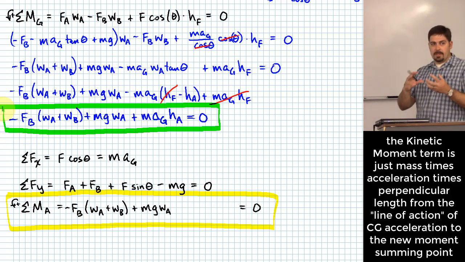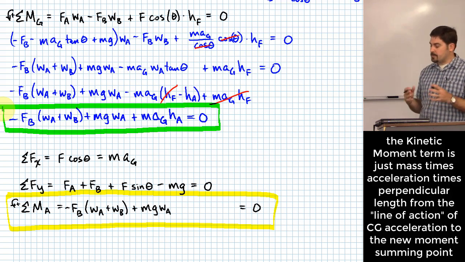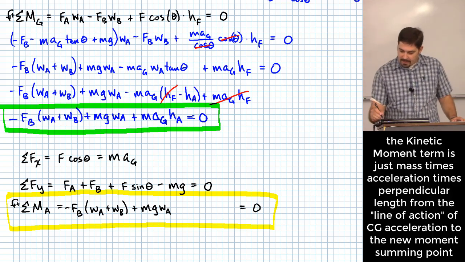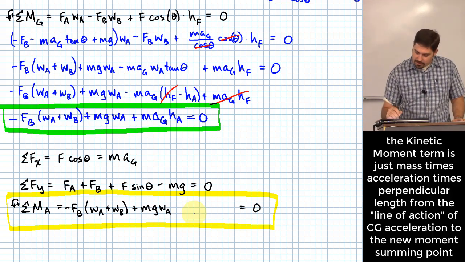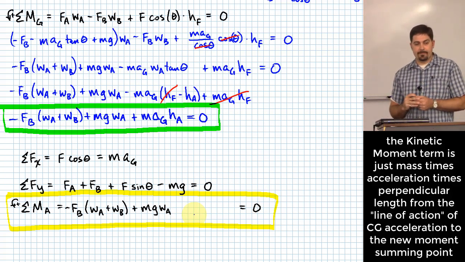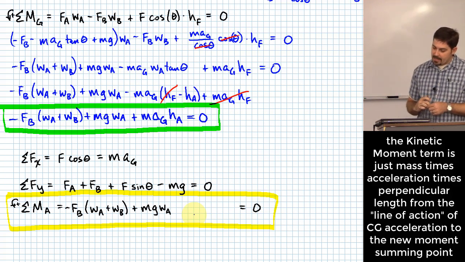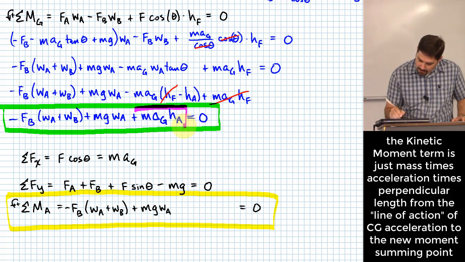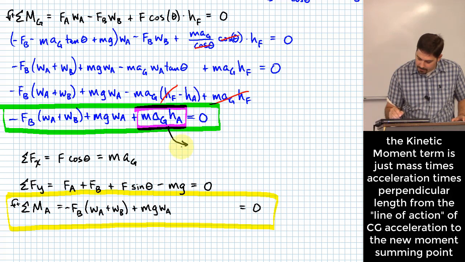Summing moments around the center of gravity is something that I know is right, and it better be the same as if I sum moments around point A. And so this gives rise to the reasoning as to why we have to add another term if we're going to sum around a different point other than the center of gravity. What is typical to do is to actually take that term, that little term right there, which is what's known as the kinetic moment.